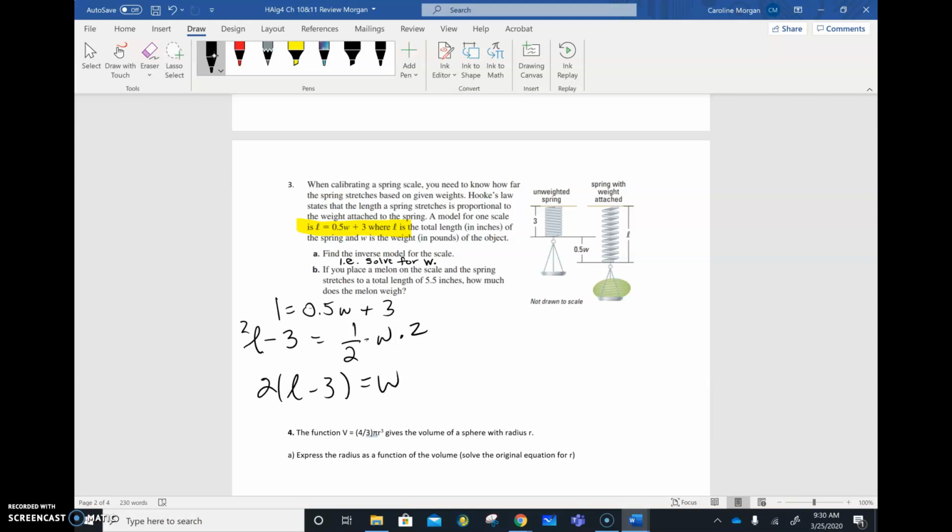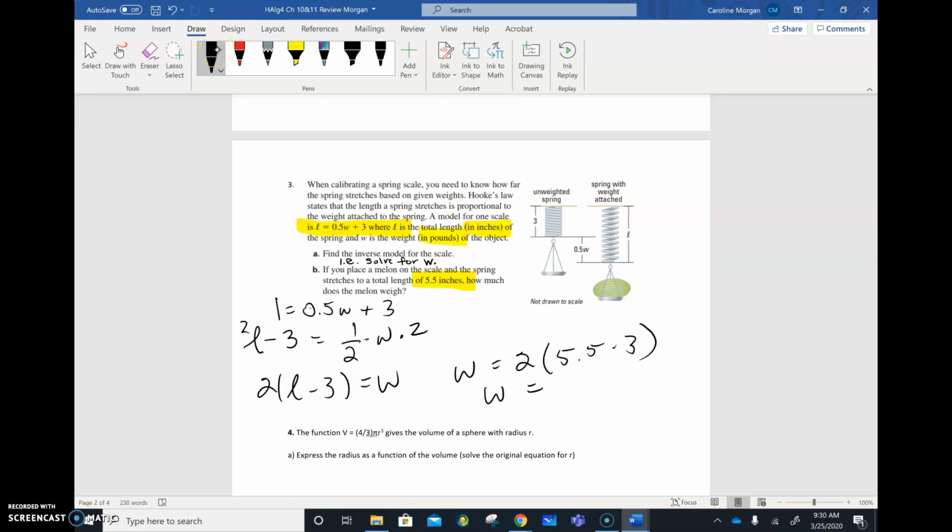All right, now it says if you place a melon on the scale and the spring stretches to a length, how much does your melon weigh? So this just allows us to take w equals 2 times (5.5 minus 3), okay? Your weight will be, it tells us in the problem, inches and pounds.